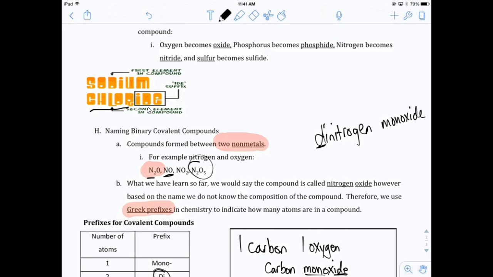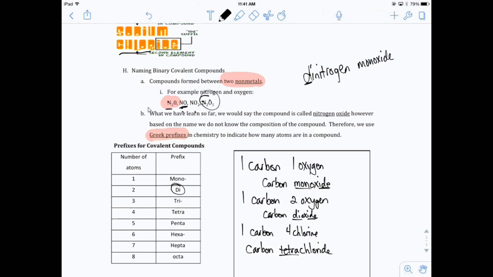If it's only 1, like these are all 1, you don't have to put mono in front of the first one. I'm not really sure why, but that's just the way it's written. But for this one and this one, it'd be dinitrogen monoxide, dinitrogen pentaoxide. All right, once again, just using those prefixes.